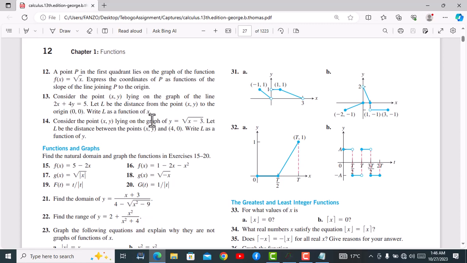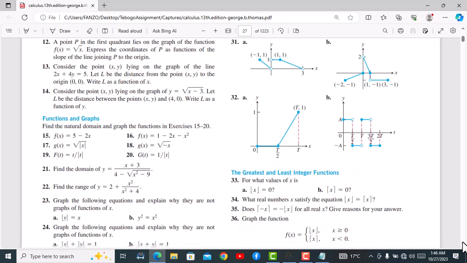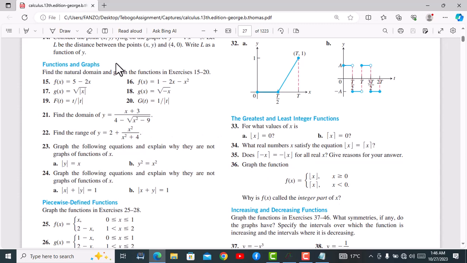So let's just leave them as they are, and we will continue to functions and graphs. Find the natural domains and graph the functions 15 to 20. The natural domains means the values of x which are natural numbers, starting from 1 going up.